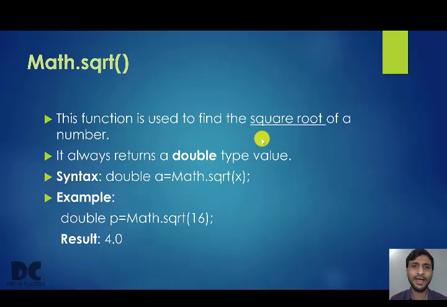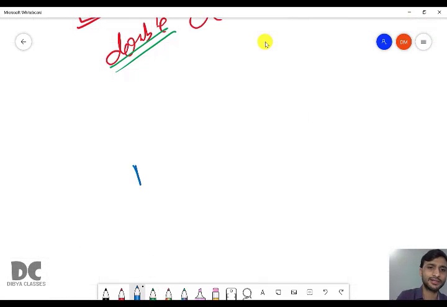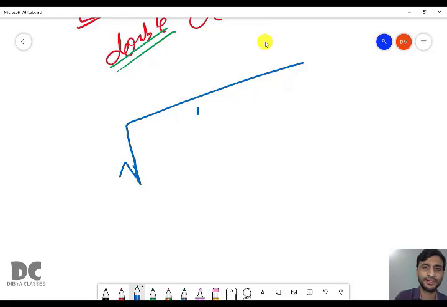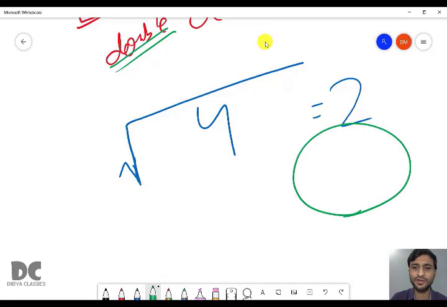Similarly, we have Math.sqrt. sqrt means square root. The function is used to find the square root of a number. I think you already know what a square root is. In mathematics, we give this sign, right? Square root of 4, the answer is 2. But in Java, again the answer will not be 2, but it will be 2.0. Same as power, always the output will be in double.